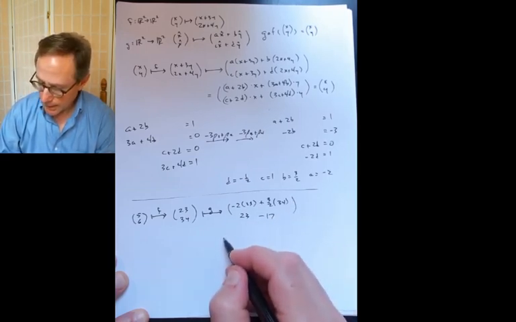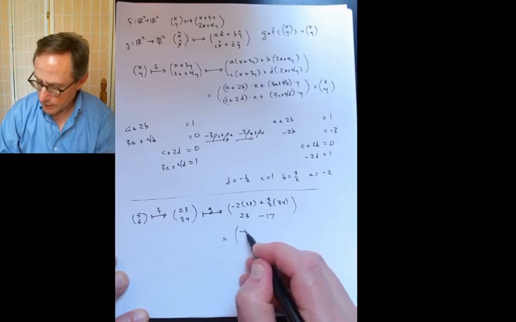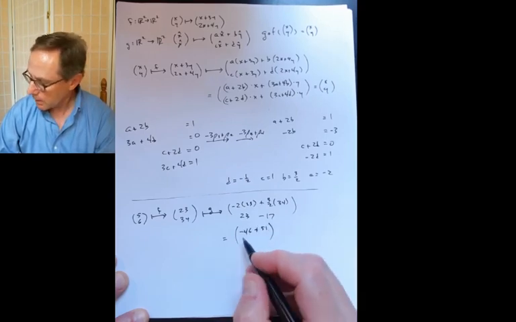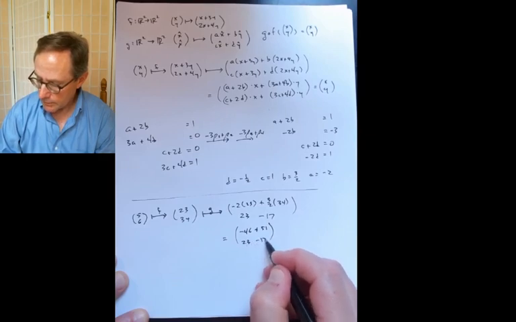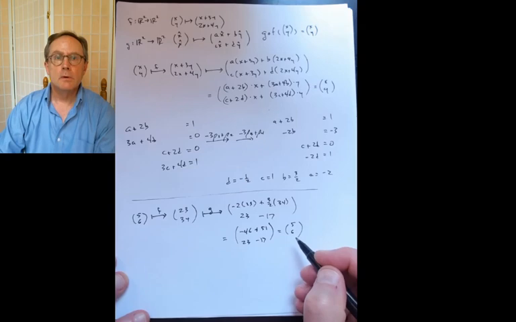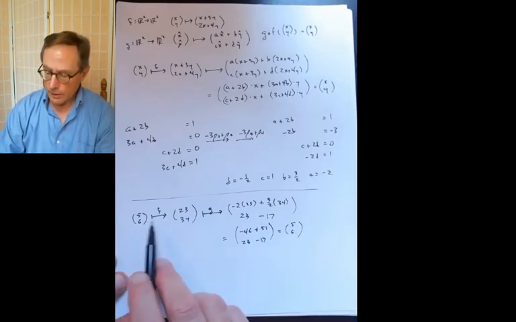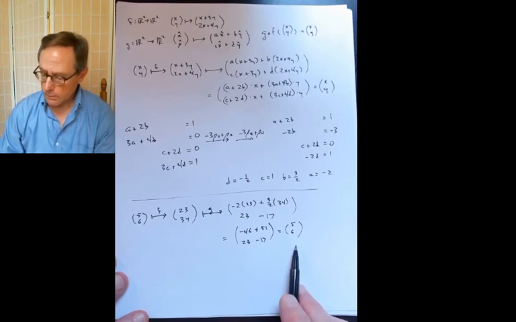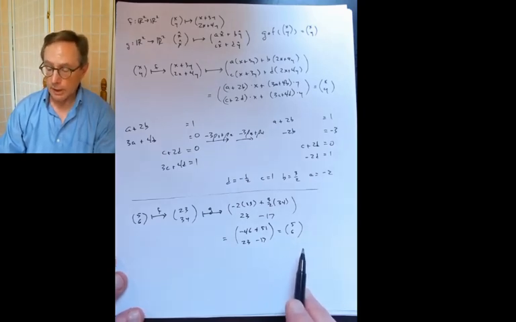And what the heck is this? This is minus 46 plus 51. 23 minus 17, so I got what I was supposed to get, 5/6. So the effect of G following F is the identity. Acting from the left, G is an inverse of F.